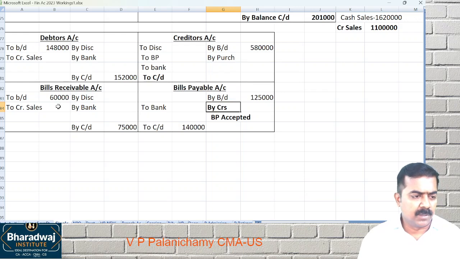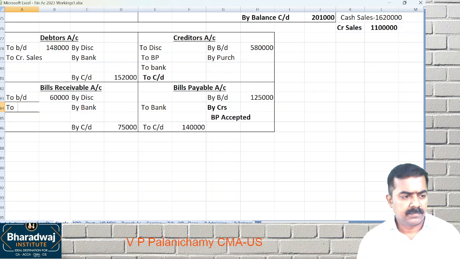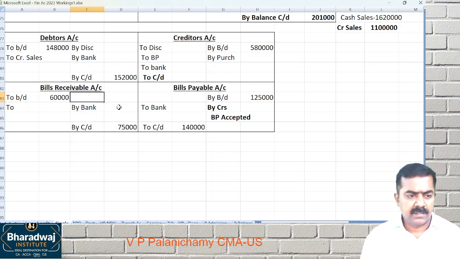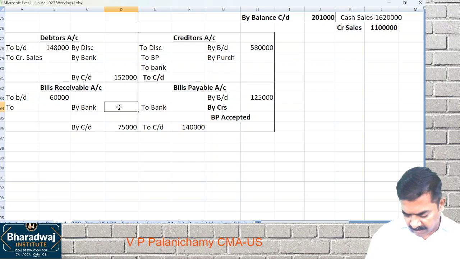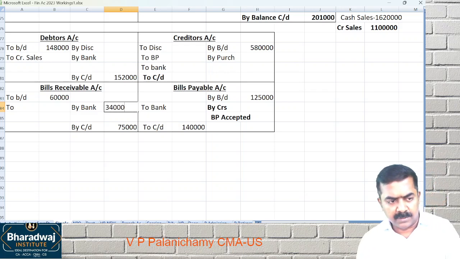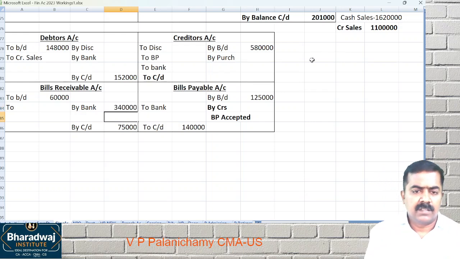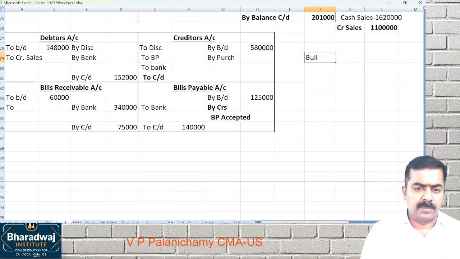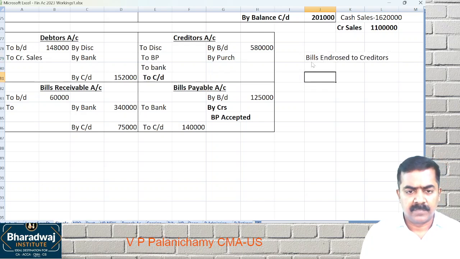First, in the bills receivable account, what is collected? Look at the cash book, what is collected? 3,40,000 collected. If you have a doubt, pass the journal entry. Bills endorsed to creditors. What is the entry you will pass?